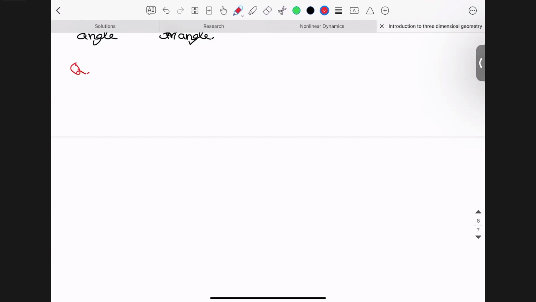Next question is: the centroid of a triangle ABC is 1, 1, 1.